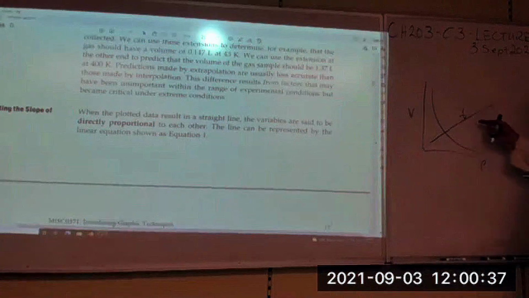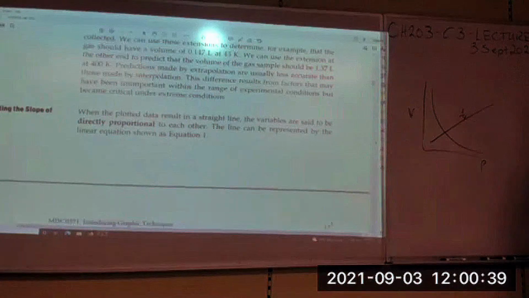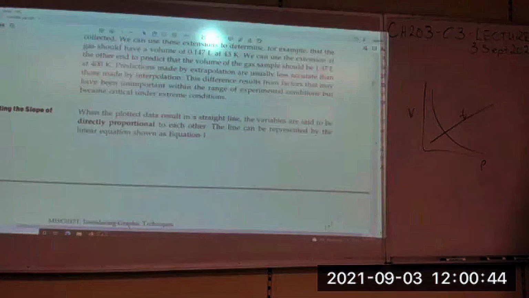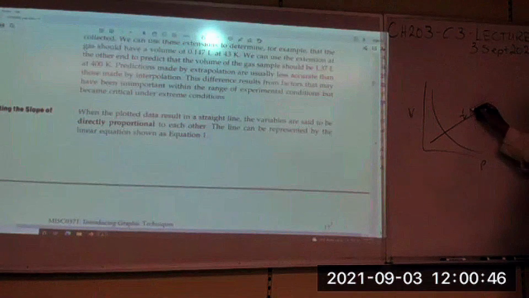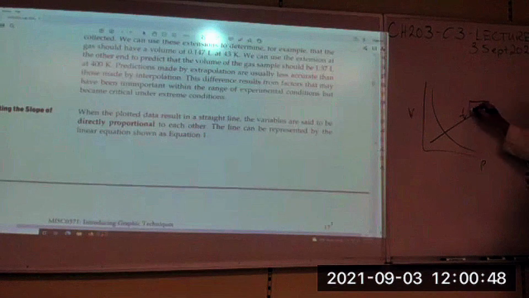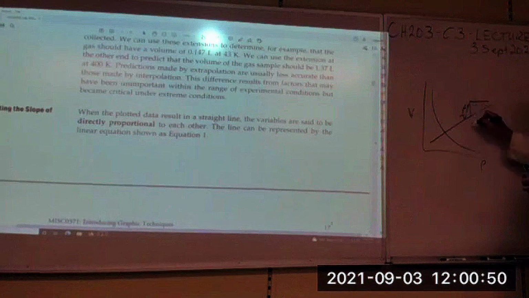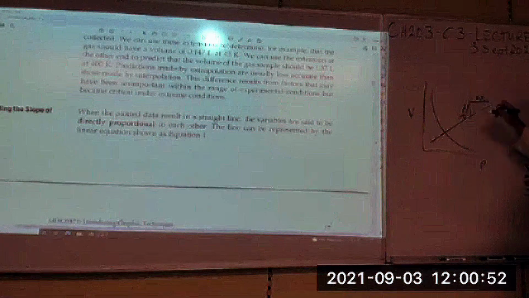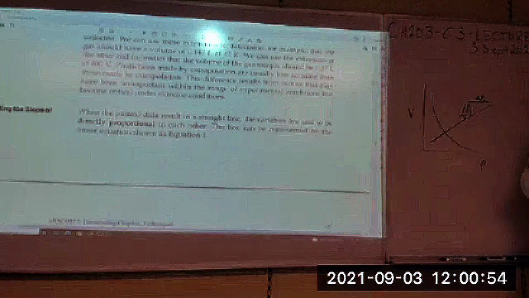The slope of the line, remember how to do the slope of a straight line in math class? Rise over run. Everybody remember that? Yeah. Okay. Rise over run. So that is the change in y divided by the change in x is the slope.